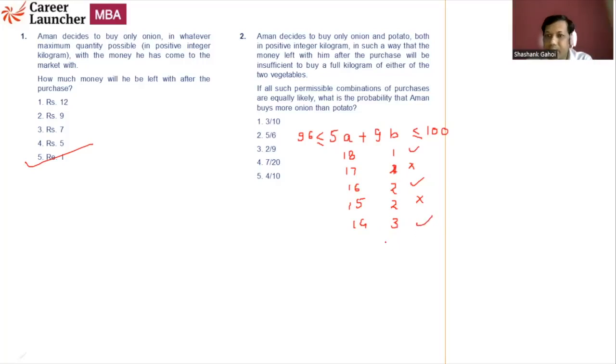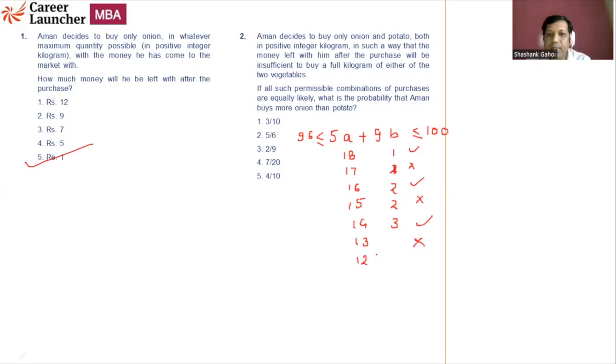Okay, so it is acceptable. Let's say 13. So 13 is 65, and the remaining amount is 35. So 35 means he can buy 3 kg, not 4 kg. The amount left is going to be more than that. So again, 13 is not going to be acceptable.